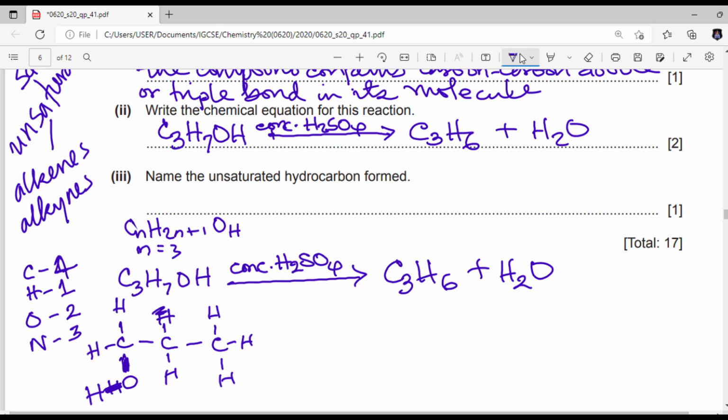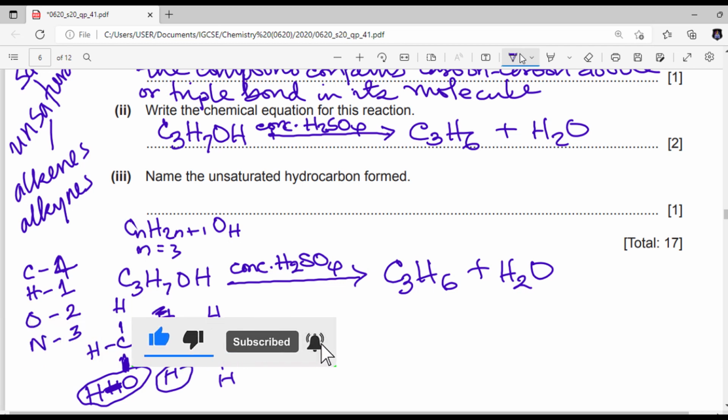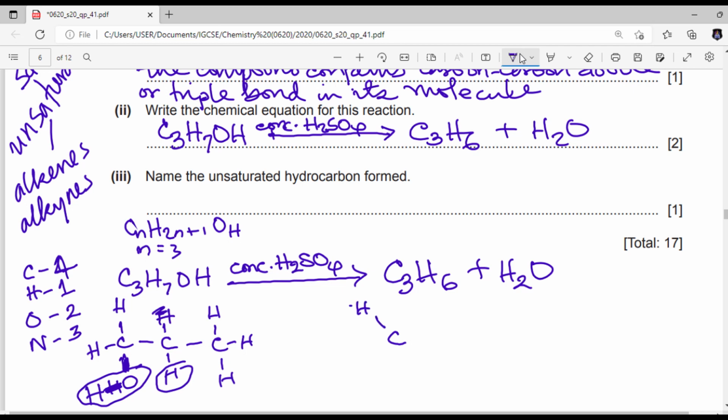Now coming to this guy, to form this C3H6, what will happen? This OH here will be removed and an adjacent hydrogen will also be removed. So it means that we have something like this: C, H here, H here, then this bond, this carbon with these 3 hydrogens here.